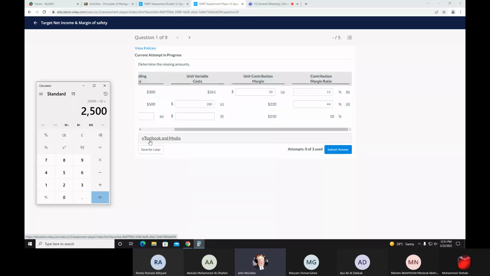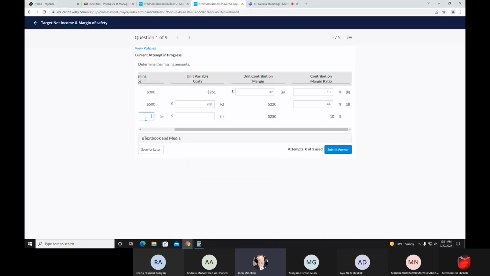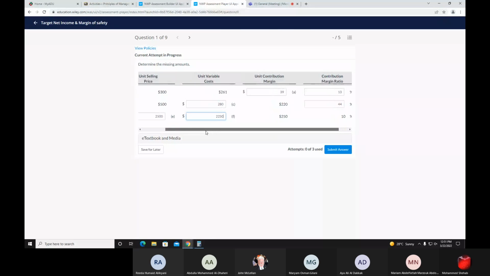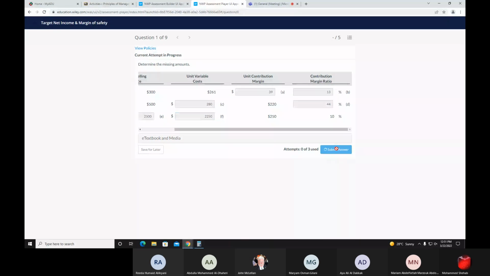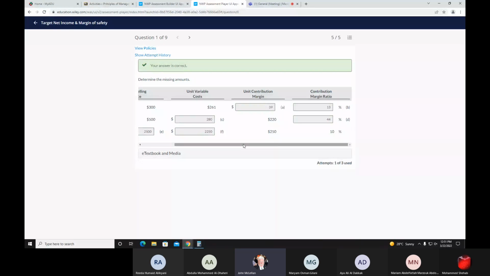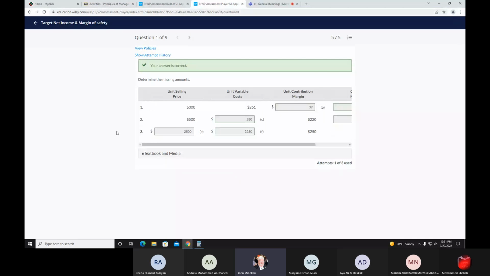And therefore, the variable cost will be. Okay, let's check and see if you got it right. Very good, Mohammed. Any questions? You must know the relationship. It's so important. Contribution margin per unit, contribution margin ratio.